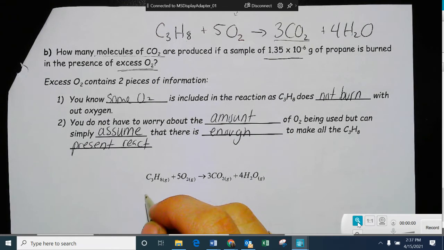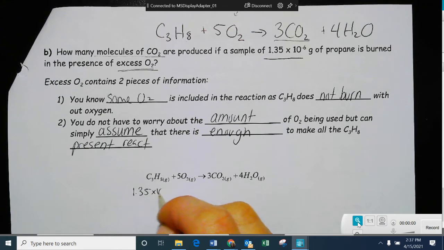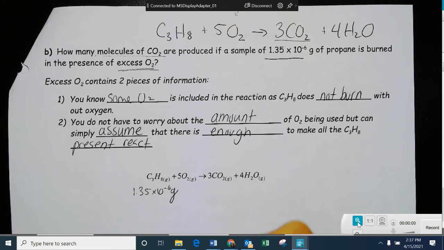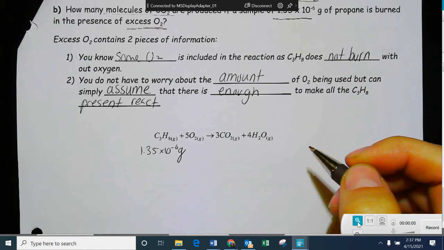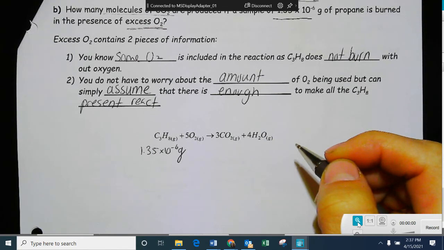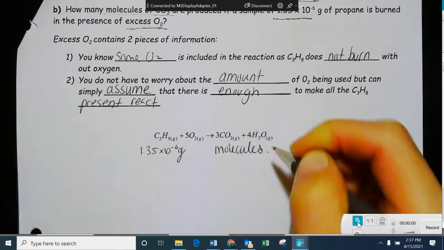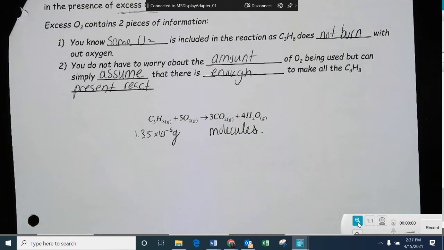Okay, so we have got 1.35 times 10 to the negative 6 grams of propane. We've got enough oxygen to deal with that. And we want to know how many molecules of CO2 are produced. All right.